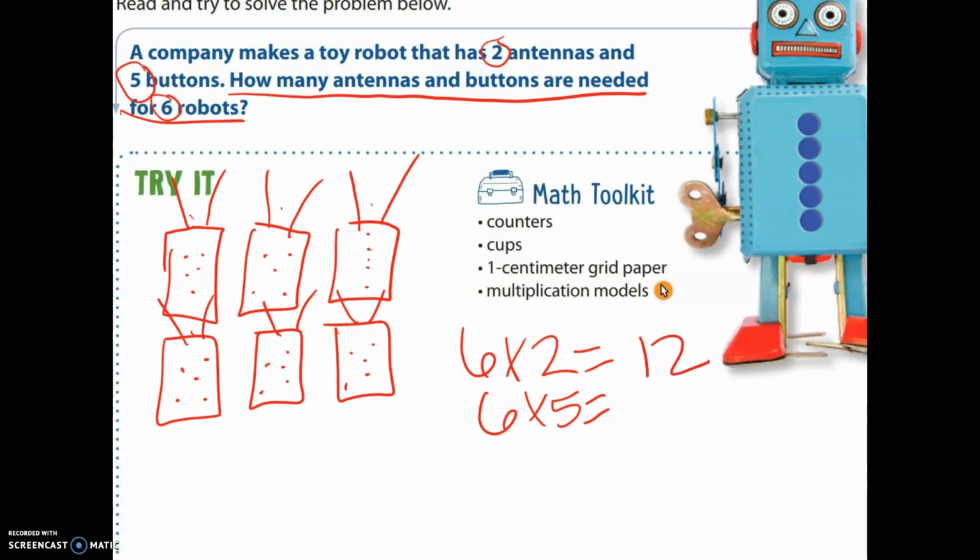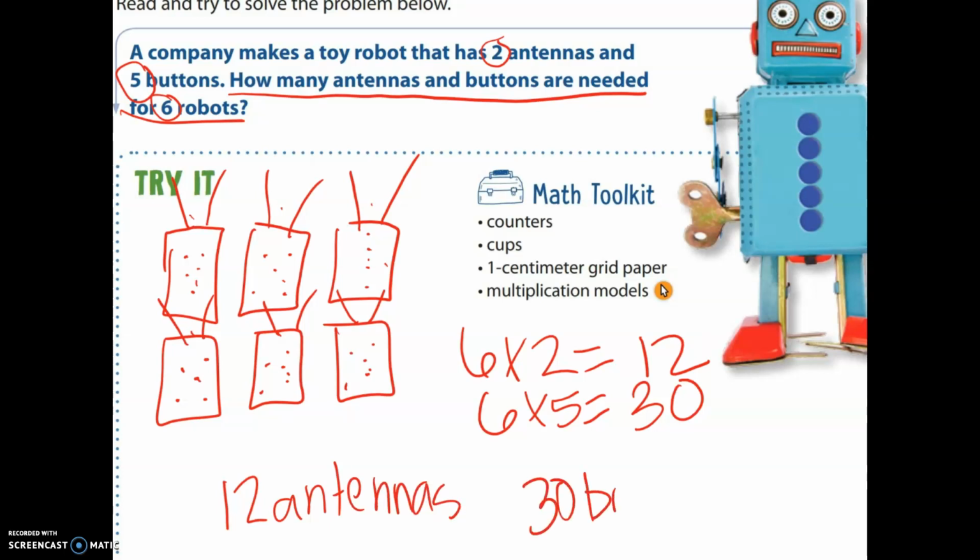I have 12 antennas, and I can go 5, 10, 15, 20, 25, 30. I have 30 buttons. And so when it says how many are needed for the 6 robots, we need 12 antennas, and we need 30 buttons.